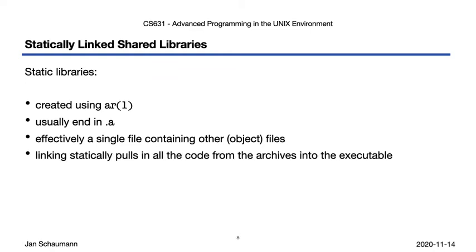Which of course explains why linking against such an archive produces one big binary that contains all the contents of the archive, and thus does not require a program interpreter or loader to go out and find any other libraries at program execution time. Now, let's compare this with a dynamically linked executable using dynamic shared libraries.